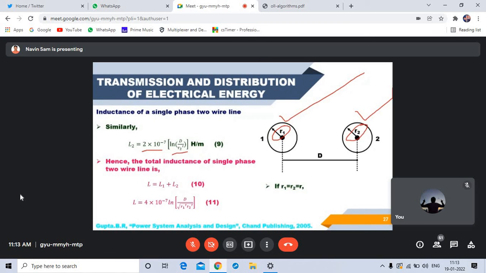If R1 equals R2, tell me what is the value of inductance. Substitute R1 equal to R2 equal to R in equation number 11 and tell me what the inductance expression is. L and D by R.